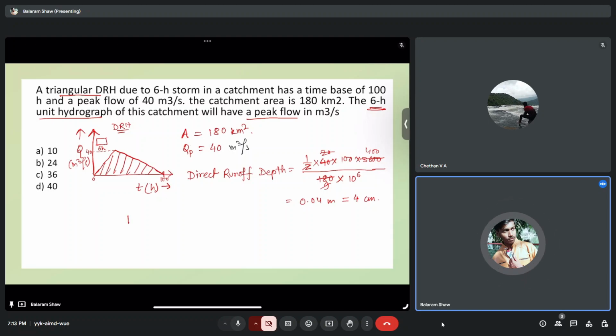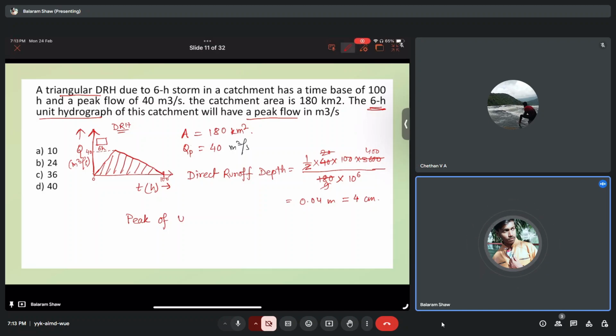So the peak of the 6-hour unit hydrograph will be the peak of the direct runoff hydrograph divided by the direct runoff depth, let's write this as DRD.